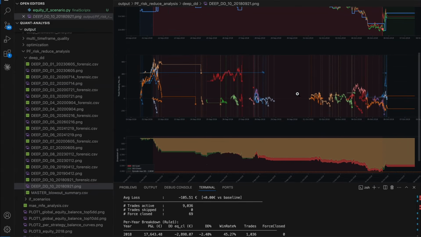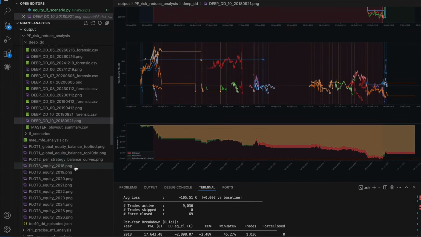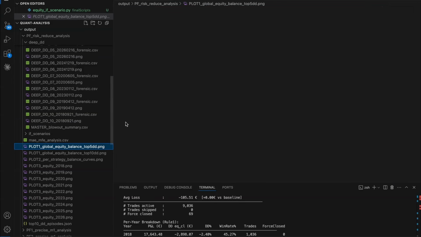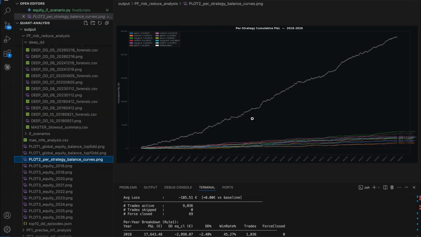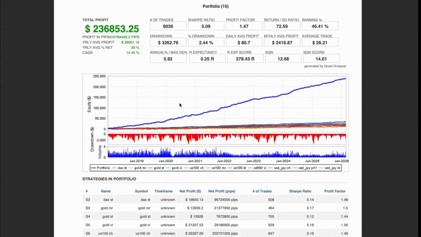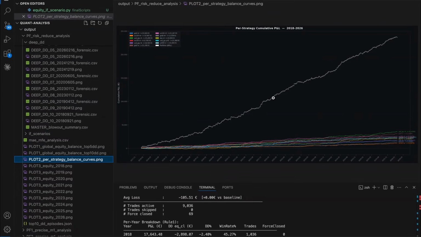So basically, analyzing my new portfolio, I found out that my equity line, so the one you saw before, this one was the balance curve. The problem is that balance and equity are two different things.